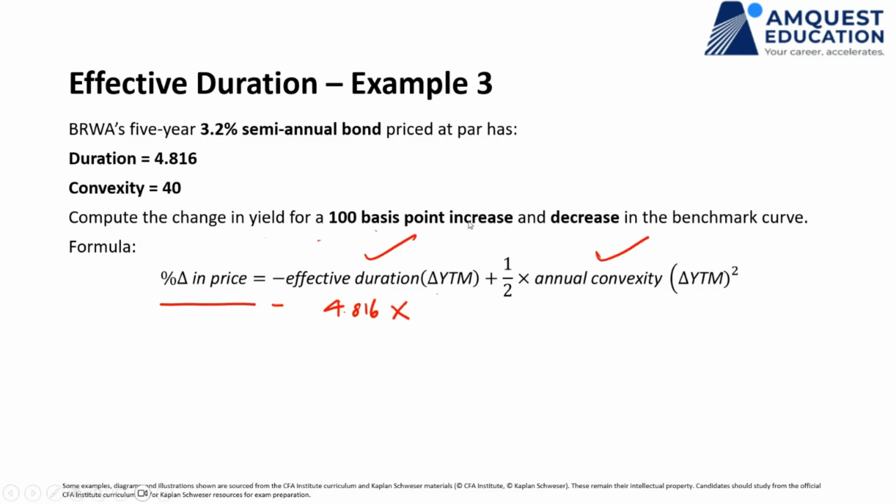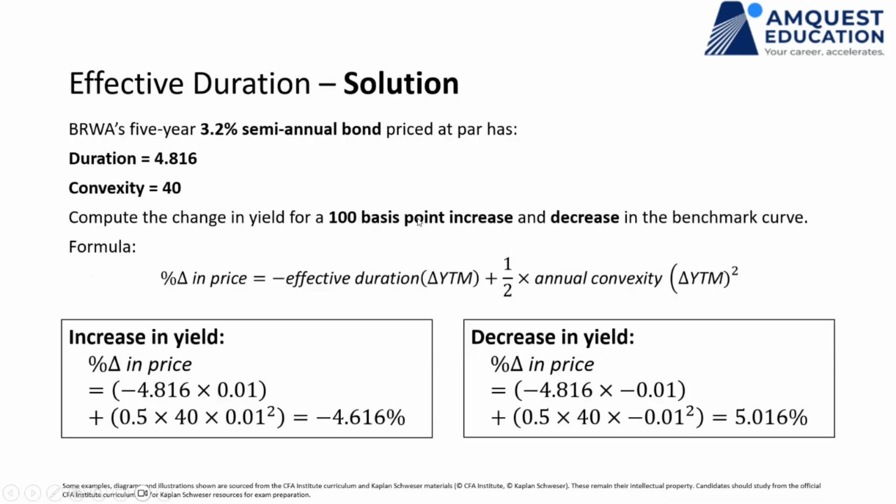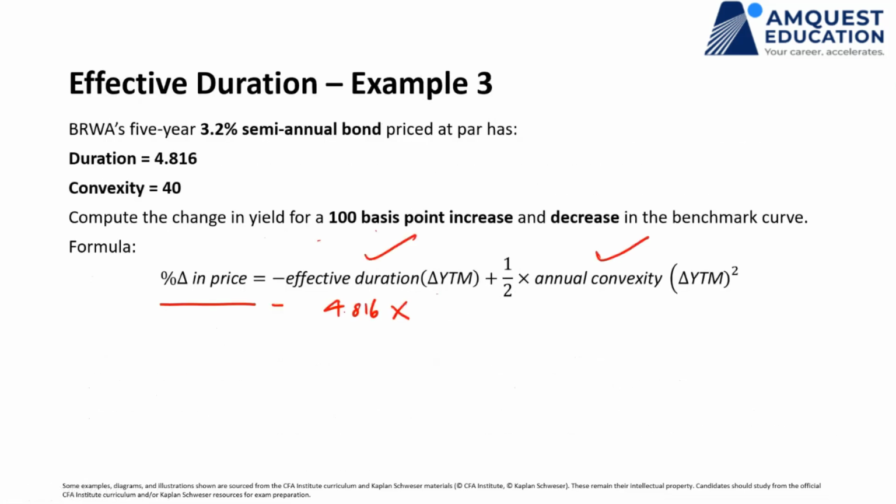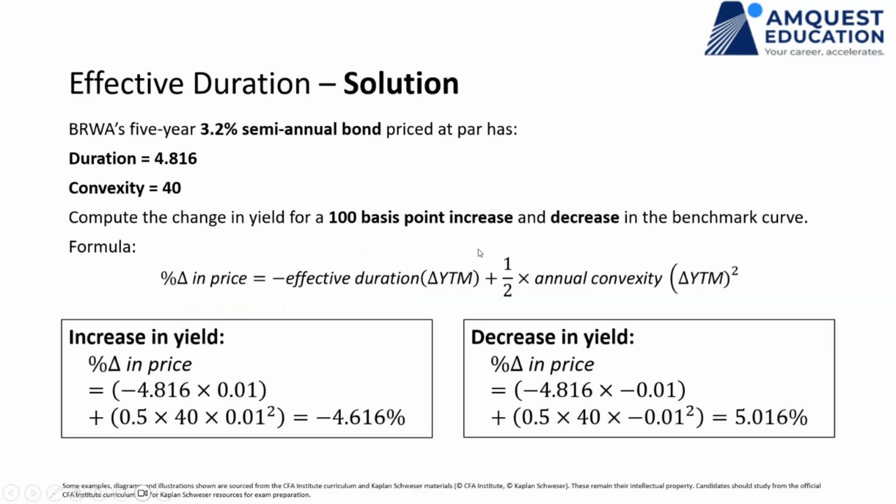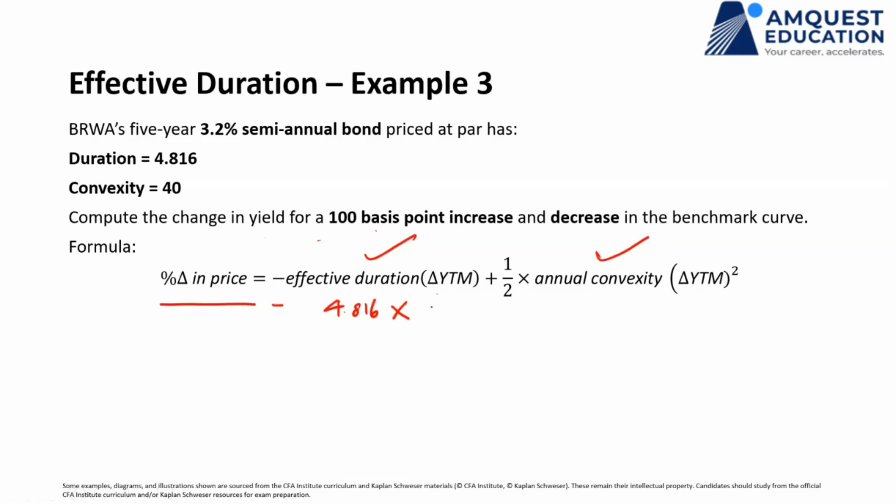So they're saying based on a 100 basis point increase or decrease in the benchmark curve, that is 1% that we are talking about as a fundamental concept here, plus half of 40, which is your convexity, multiplied by 1% squared. This will effectively tell you how much will be the change in price.